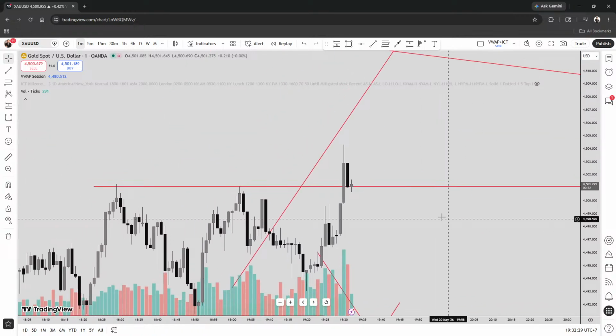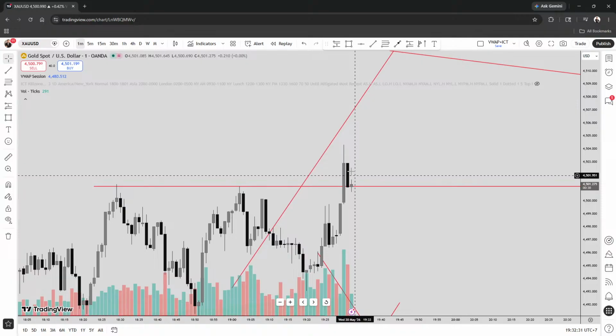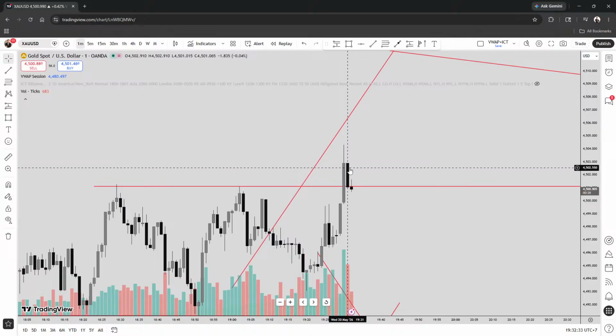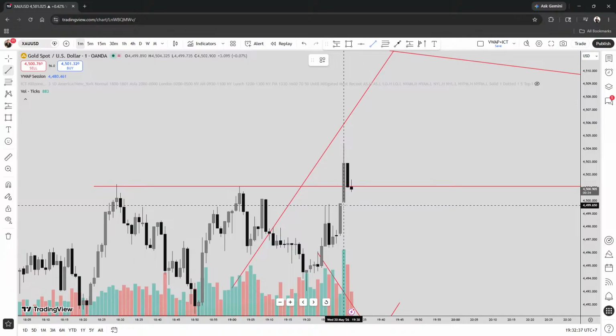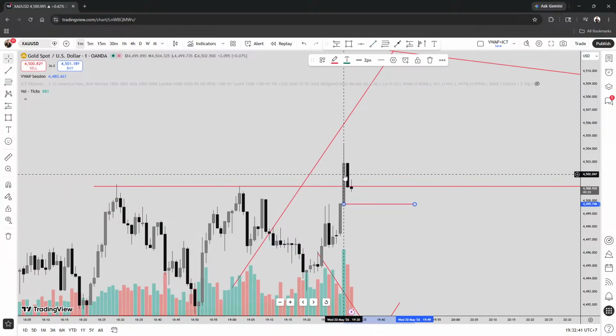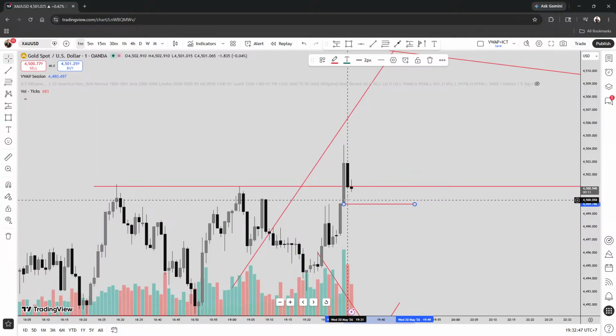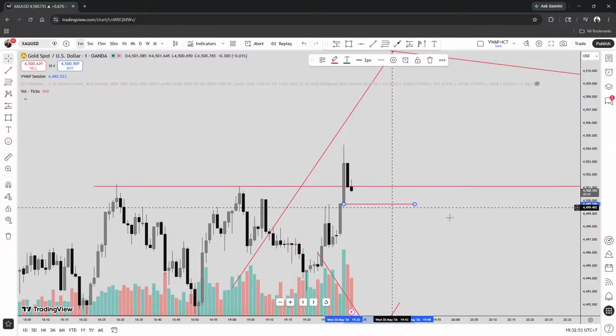What we're going to do is make sure there's a candle close below the low of this candle. Why this candle? Because this is the candle that swept the liquidity in this area. So the candle must close below the low of this candle, which is the red line I drew.